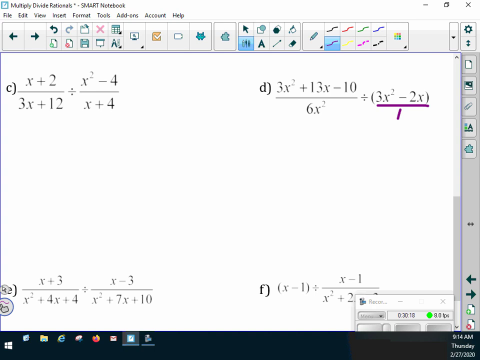That's right. Ultimately, I'm going to change this to times 1 over 3x squared minus 2x. Factor. Is there a GCF in that mess right there? Nope. So how will that factor? It's going to be 3x and x. What are my signs? Different. Good.